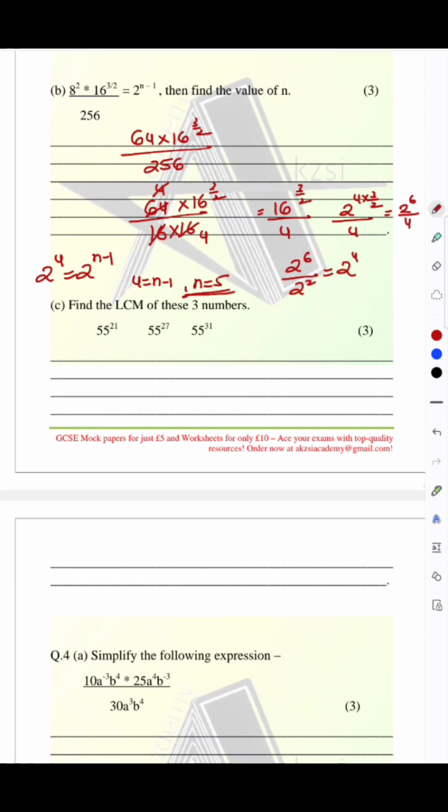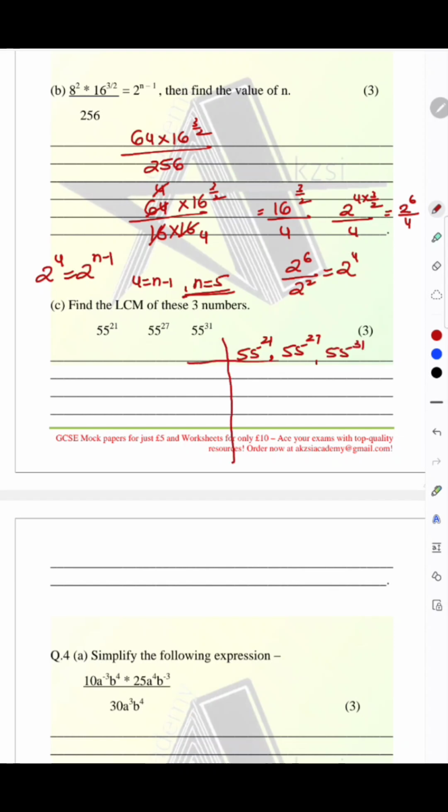Now it says, find the LCM of these three numbers. LCM of these three numbers, that means we have to use the same method how we find the LCM of any particular number. That means that method where we'll be writing 55 to the power of 21, 55 to the power of 27, 55 to the power of 31.